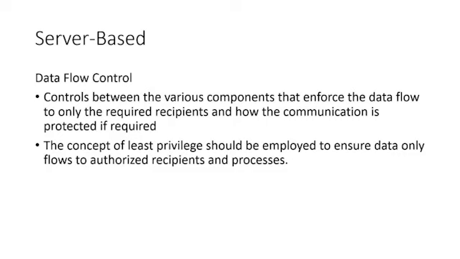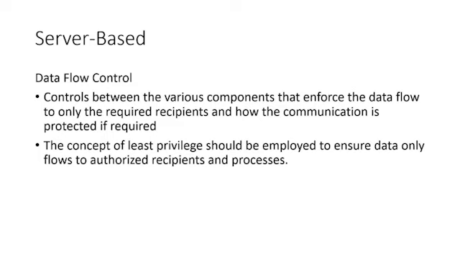And we want to maintain our data flows of how that information is moving throughout our server systems. So data flow control is what we need to talk about. And these are controls between components that enforce the data flow to only required recipients. And it's also how the communication is protected if we require that.